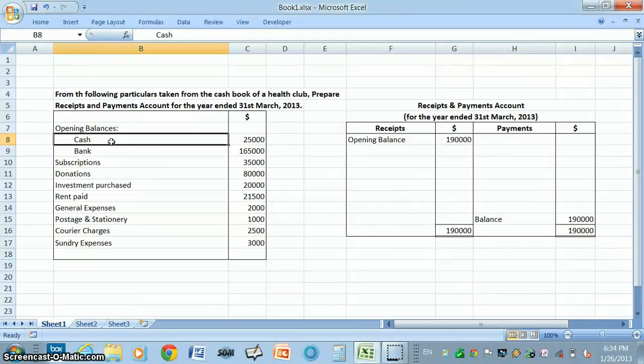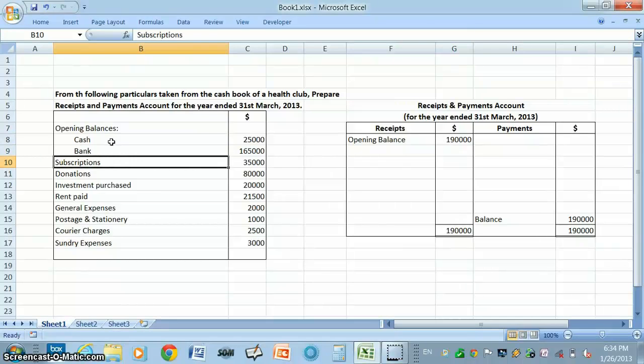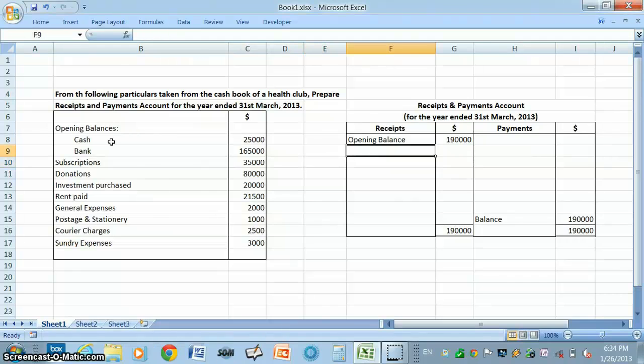Here in the question, after opening cash and bank balance, we have subscription, and subscription is an item of receipt. During the year we received $35,000 from this item, so we will show it on the receipt side.